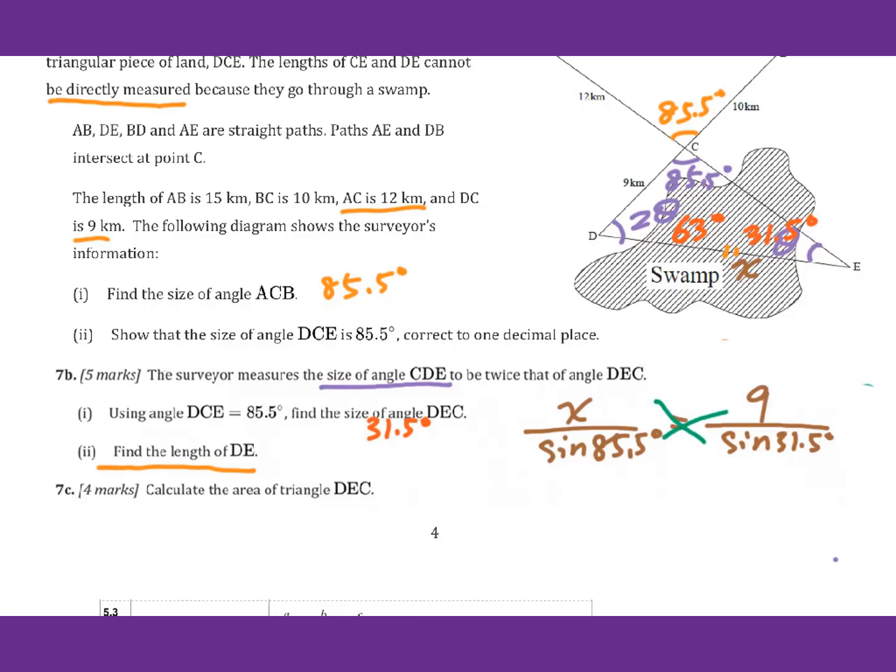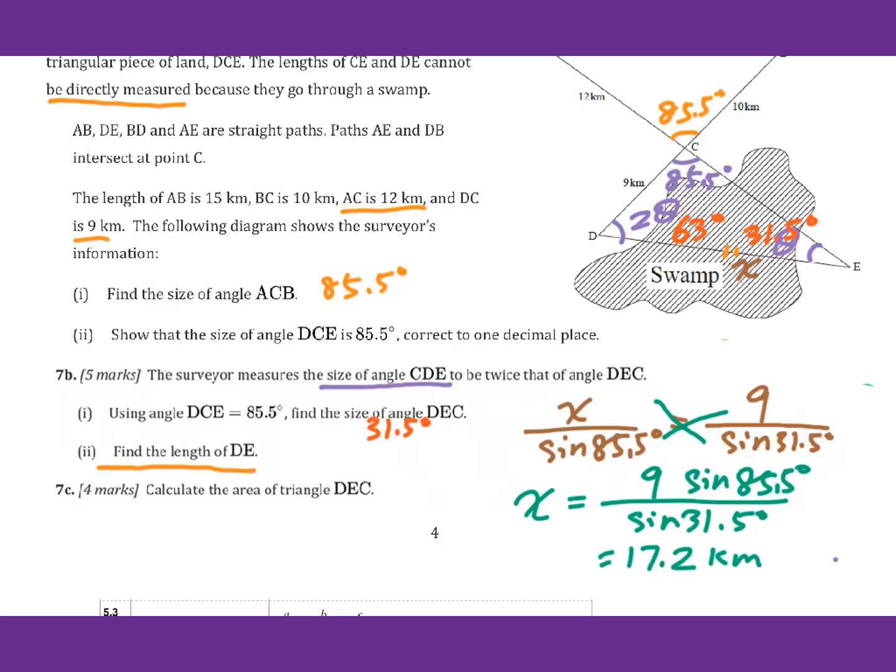So cross multiply. The x goes to the denominator of the other side, sine 31.5 goes to the denominator. Then 9 times sine 85.5 degrees, you will get 17.2 kilometers.